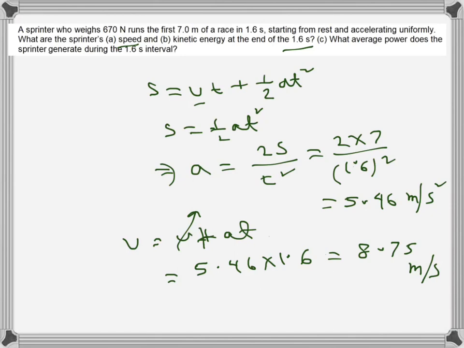And then it says kinetic energy at the end of 1.6 seconds. So since we know the velocity, the kinetic energy will be half mv squared. Now weight is given, so 670, I believe 670.